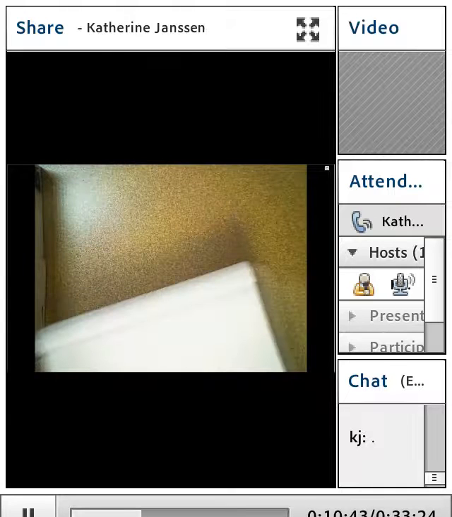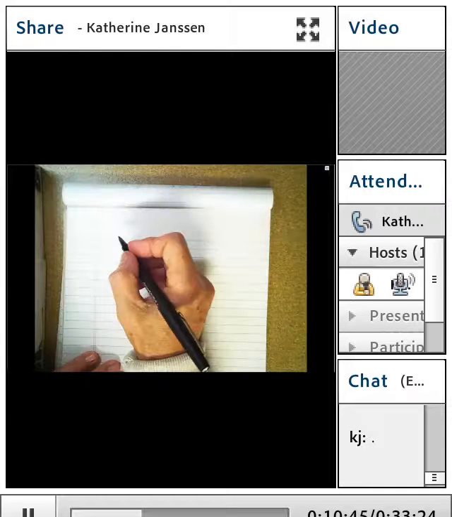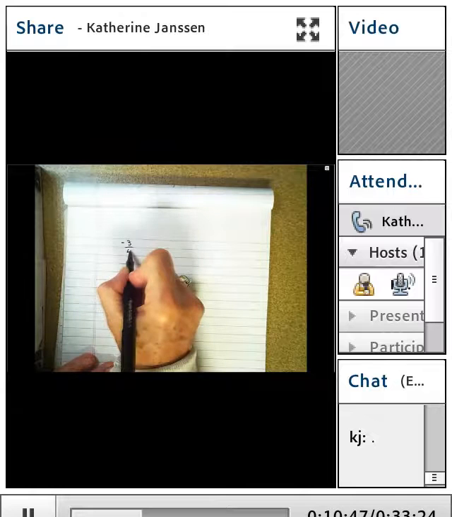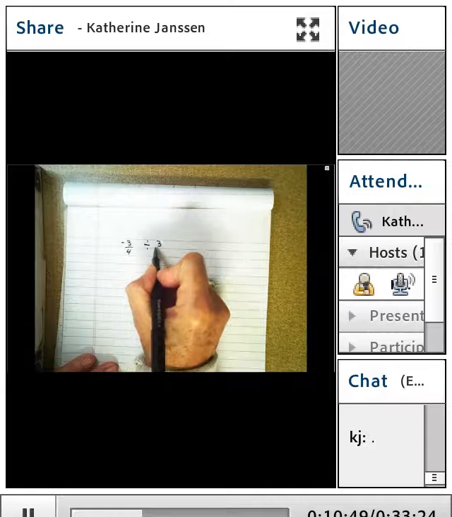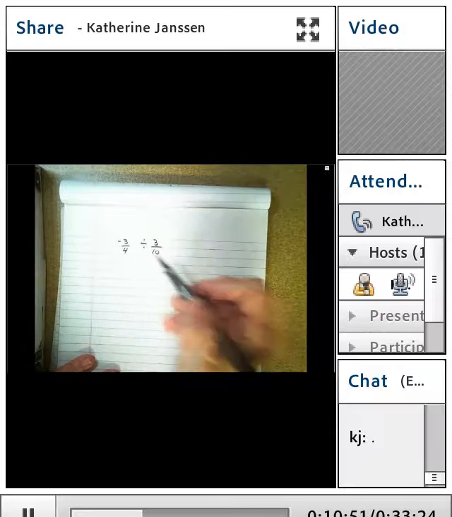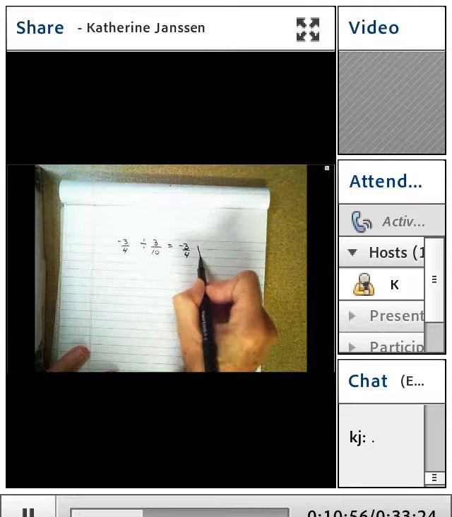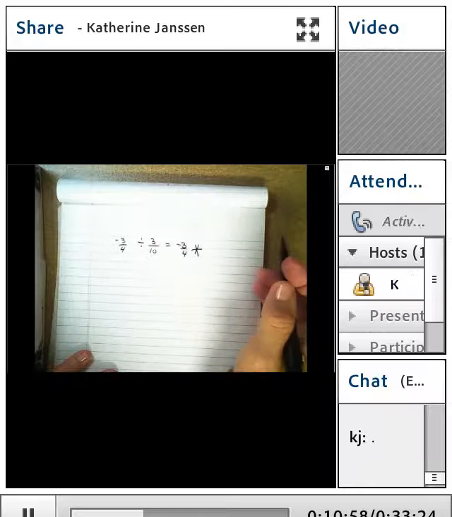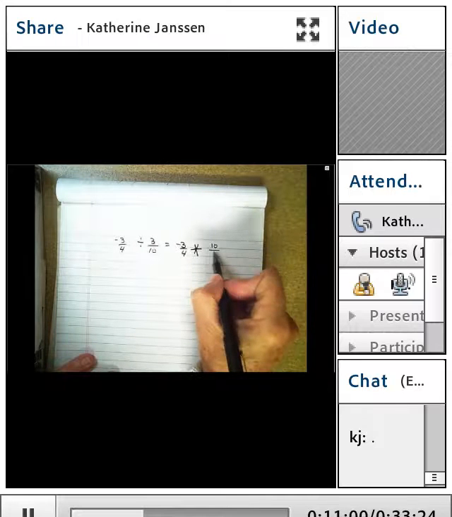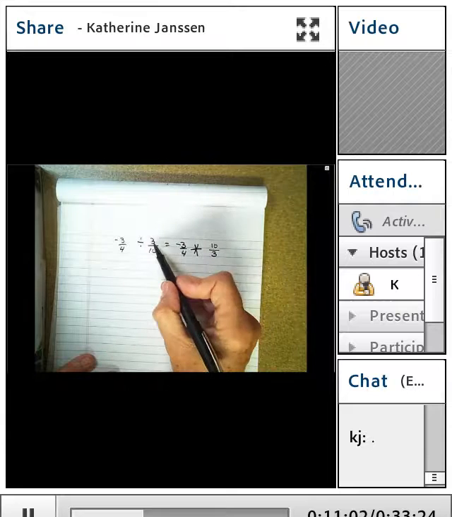A negative 3/4 divided by 3/10. Remember, division. We're going to change division to multiplication, something we already know how to do, and multiply by the reciprocal. Flip it and keep its sign. Multiplication of fractions is a piece of cake.